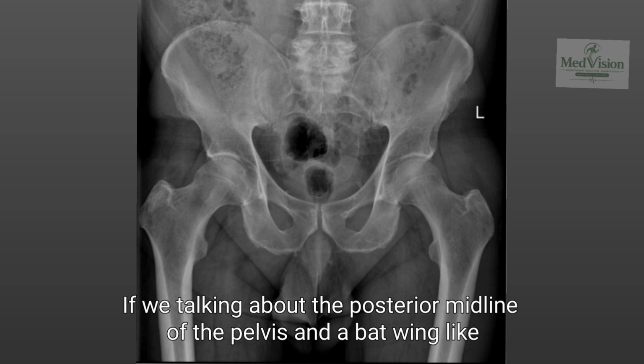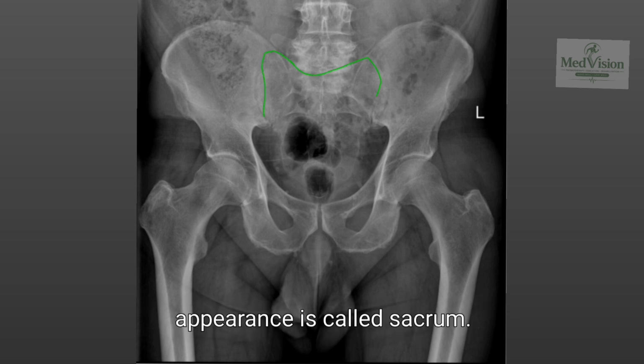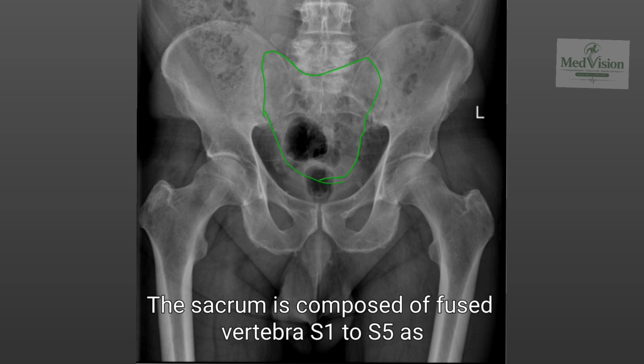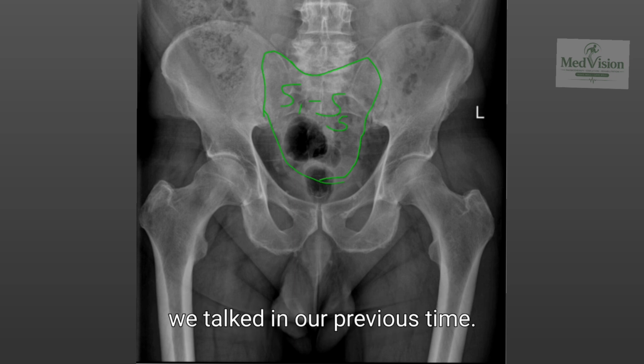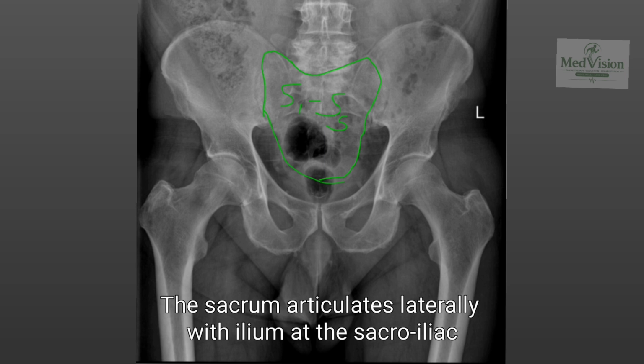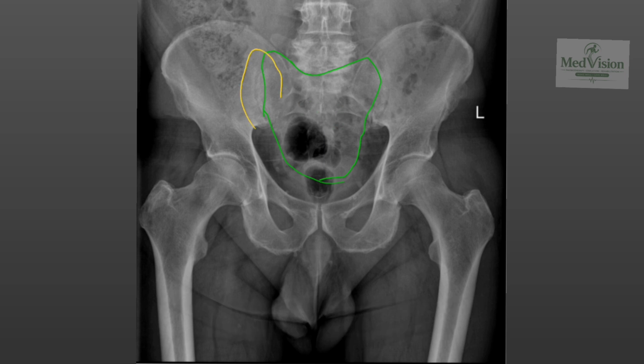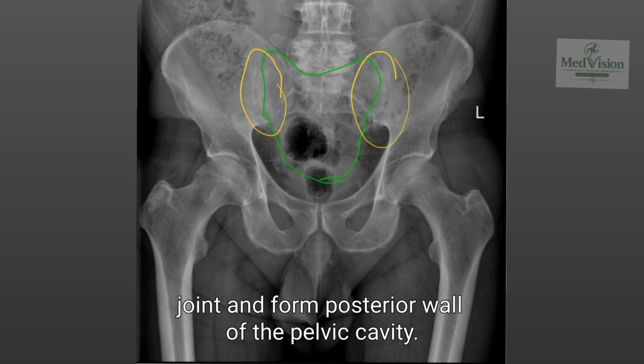At the posterior midline of the pelvis, with a bat wing-like appearance, is the sacrum. The sacrum is composed of fused vertebrae S1 to S5. As we discussed previously, the sacrum articulates laterally with the ilium at the sacroiliac joint and forms the posterior wall of the pelvic cavity.